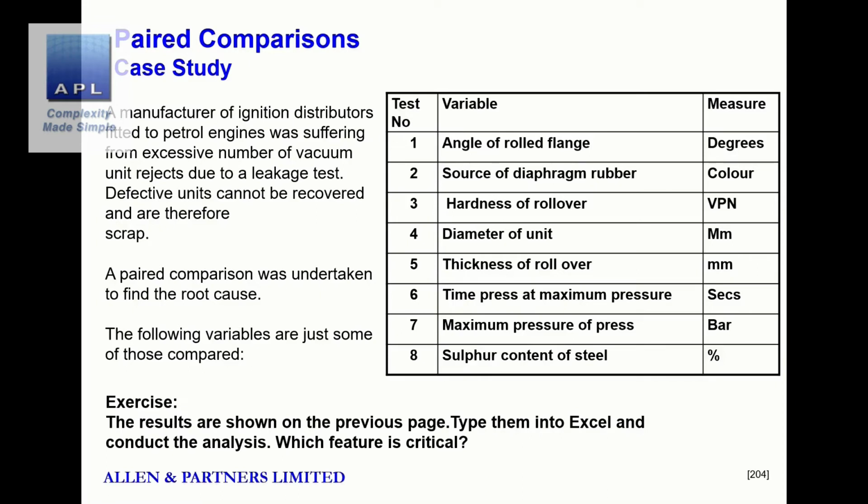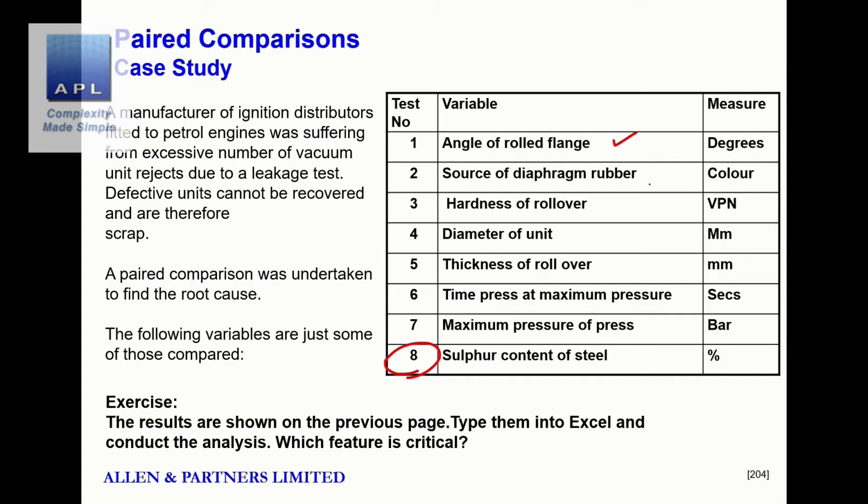They've sat down with the experts, and they've said, well, which components, which tolerances, what features should affect the vacuum unit rejects. And what they've done is they've identified 10 possible features or dimensions that could affect the result of this product.